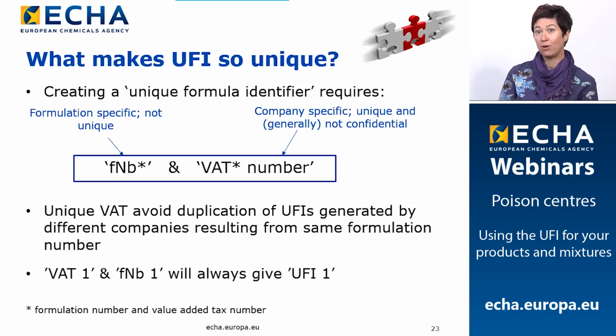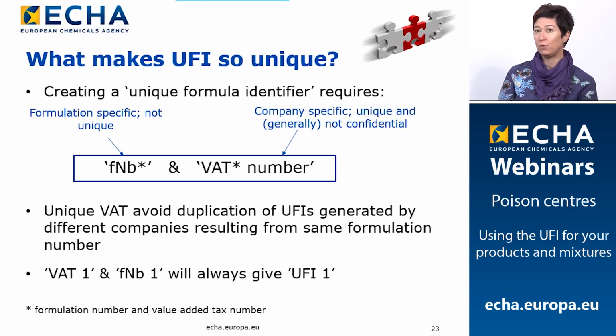Formula numbers may not always be unique from company to company, but VAT numbers are, plus they are generally not confidential. So by using the unique VAT number, the duplication of UFIs generated by companies using the same formulation number can be avoided.